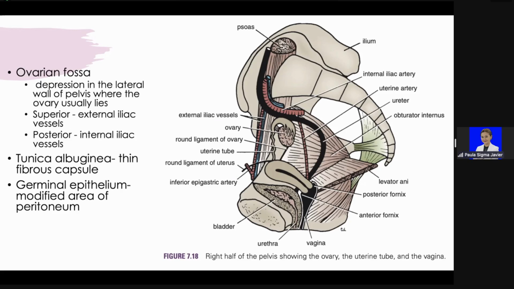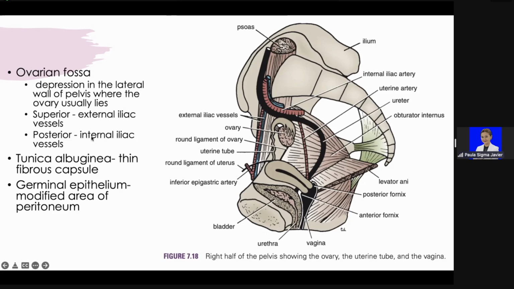Because during pregnancy, the uterus, since it expands, brings up the ovaries and turns them into abdominal organs. So once pregnancy is done or the patient has given birth already, the ovaries go back to the pelvis, but they may assume a different position. So it won't necessarily go back to the same position. So it's a bit random.